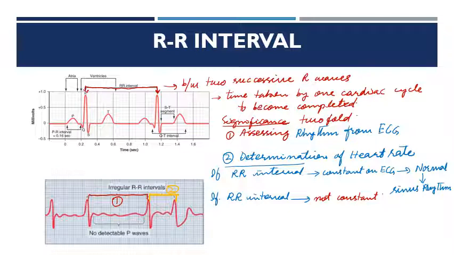Now the duration of two RR intervals, if we see from this diagram, is different. If RR interval is not constant, then rhythm is not normal, and such condition is called arrhythmia. There are many types of arrhythmias that we will discuss in the next coming lectures.